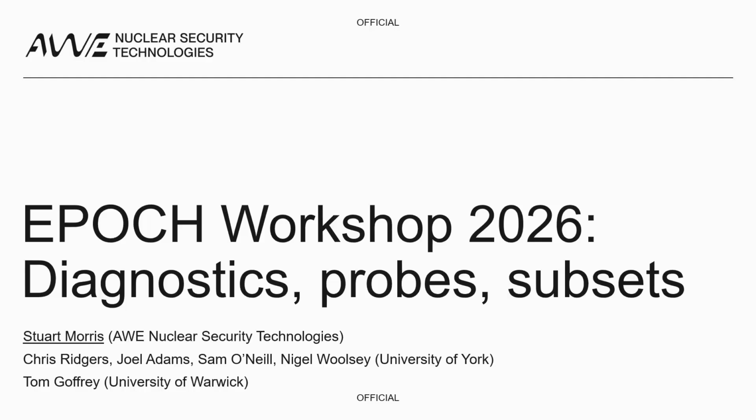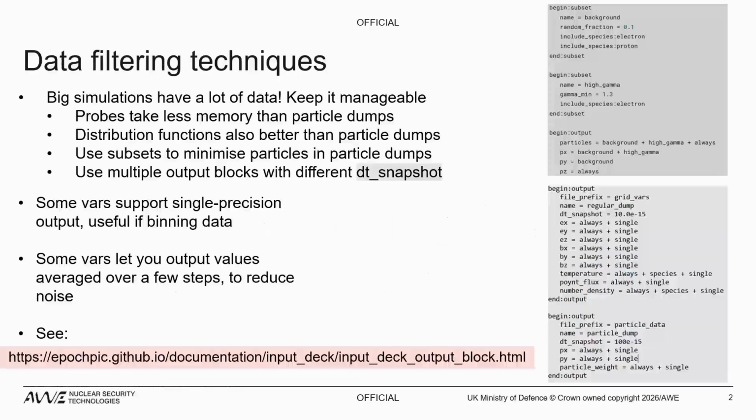We have a basic rundown on some of the advanced diagnostics that you can do with EPOCH. So diagnostics, probes, subsets. These are ways that you can really simplify the output of your code and target specific things that you want to run a PIC simulation to find. One of the main issues, and I said this yesterday, with these PIC simulations, is if you wanted to output everything, all the particles, all the positions, all the fields for every time step, that's just way too much data.